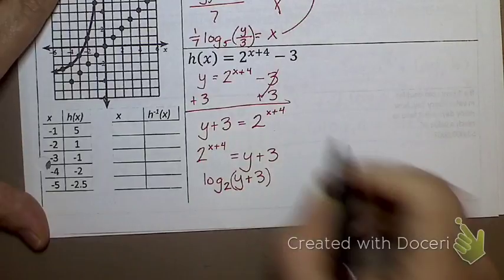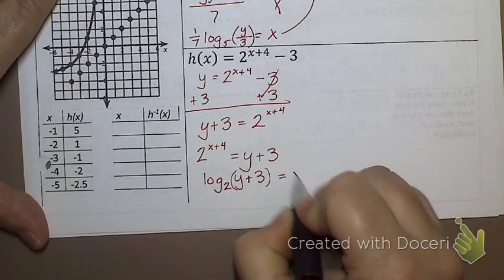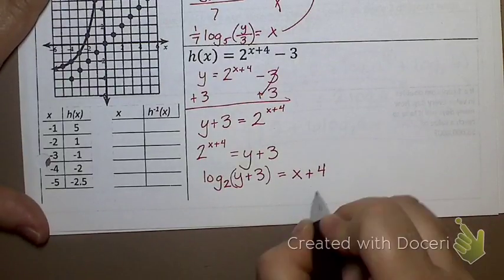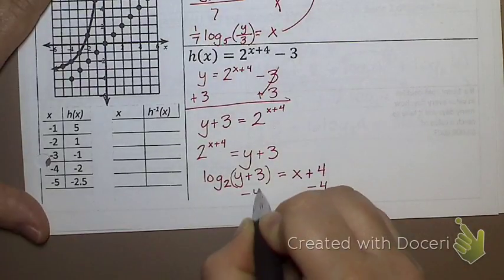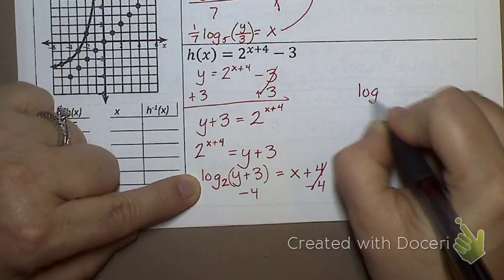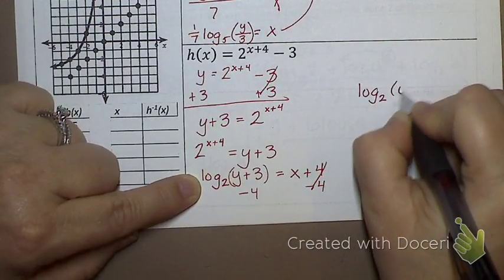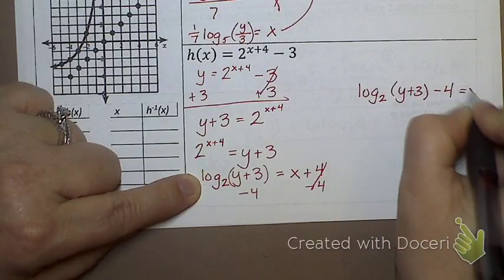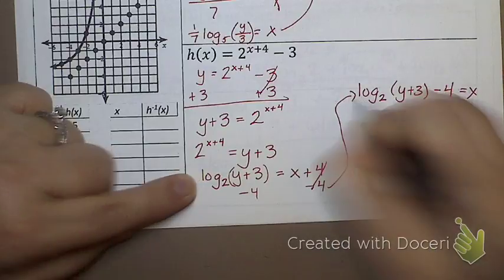So I need to put parentheses there around the whole thing, equals x plus 4. X is almost by itself. I need to subtract 4. So I end up with log base 2 of y plus 3 in parentheses and then minus 4 equals x. That's what I get from there.